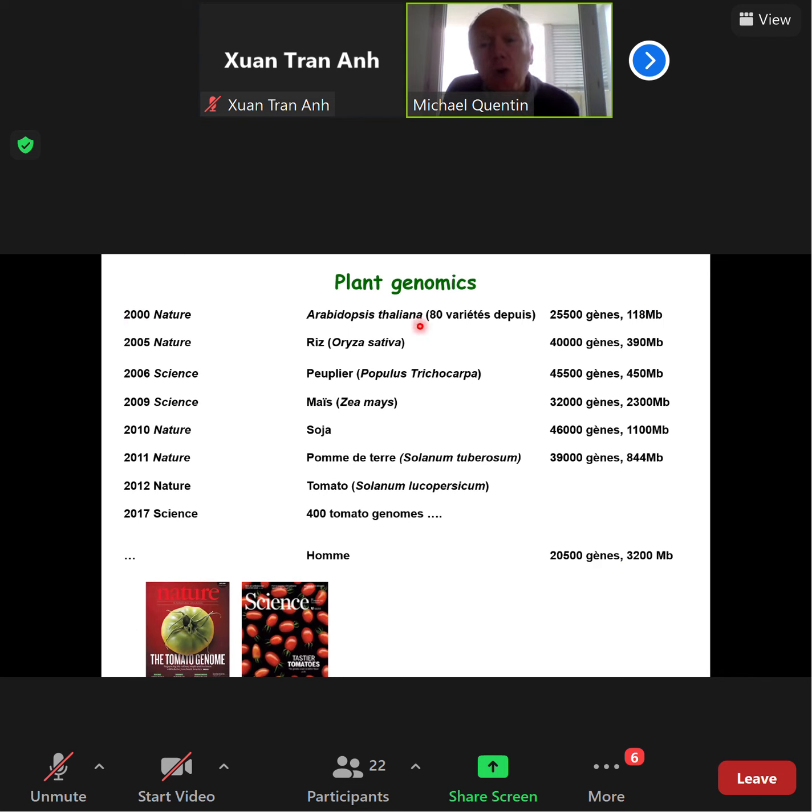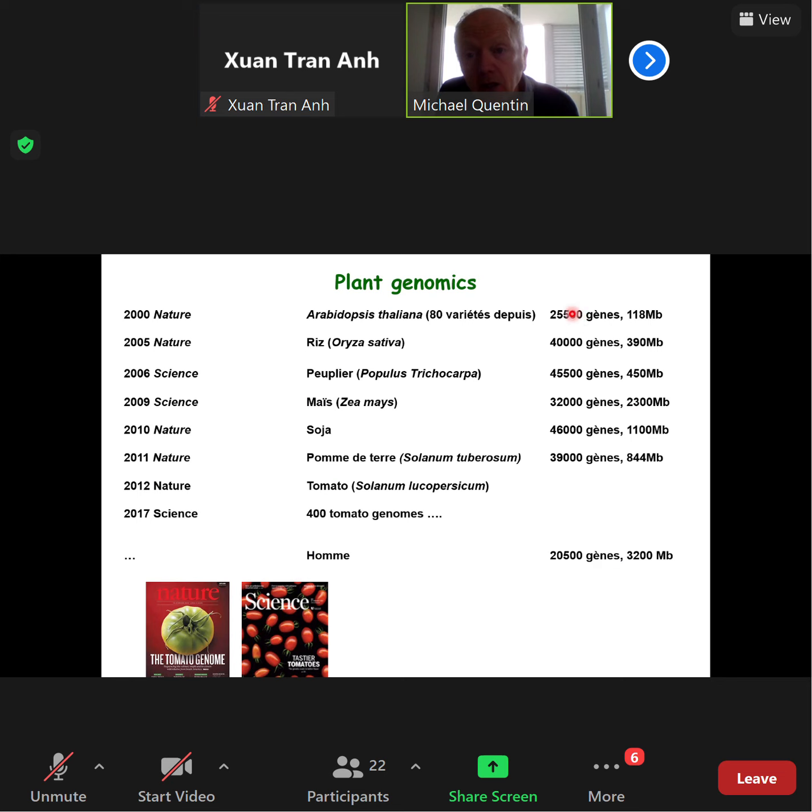It's a rather small genome if you compare it to the human genome, whose first version was fully sequenced about the same time, in 2000, more or less. You see that the human genome is much bigger than the Arabidopsis thaliana genome.